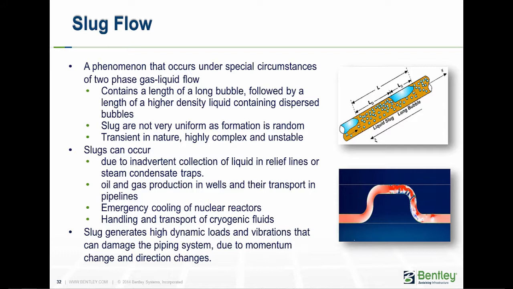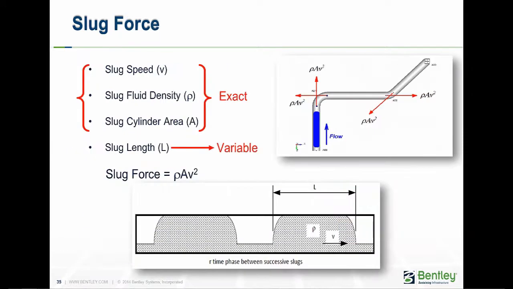Although these slugs are hard to predict and are unstable, AutoPIPE can model these changes of momentum as force time histories. Unlike the water hammer effect, when the force is due to the differential pressure at either end of the pipeline as the pressure wave moves around it, slugs are masses moving inside the pipe that enter and exit the bends, causing a change of momentum.